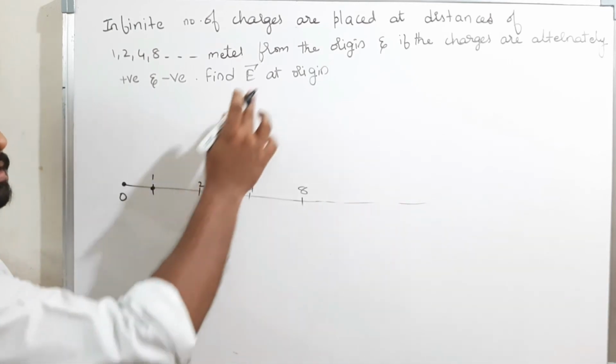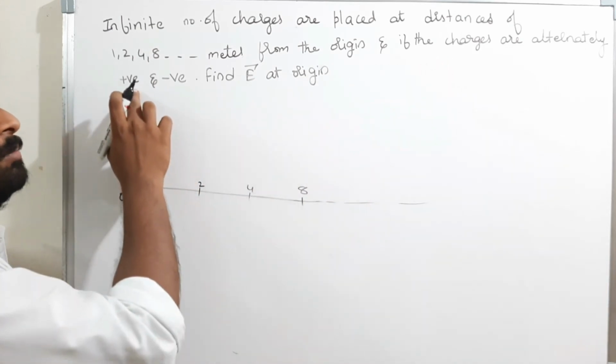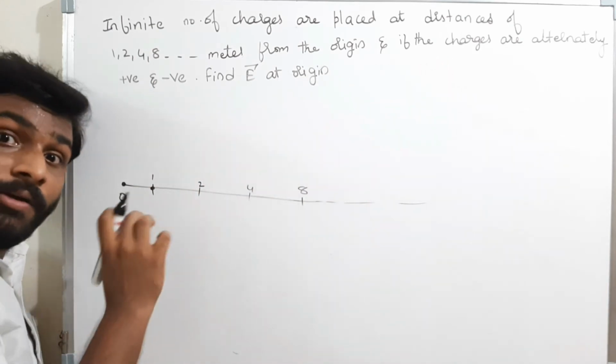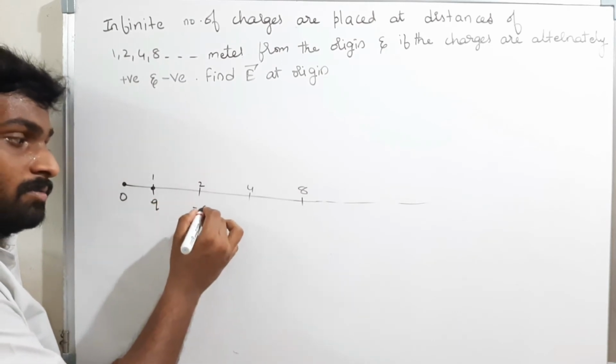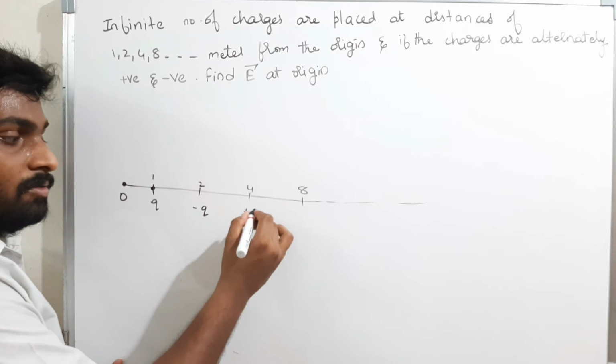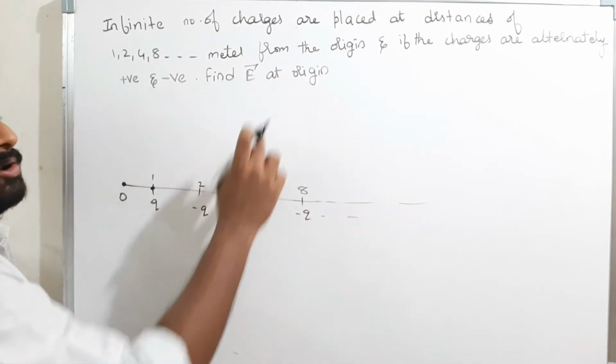They told that the charges are alternately positive and negative. That means it is Q, minus Q, plus Q, minus Q, and so on. Now they told us to find the electric field at the origin.